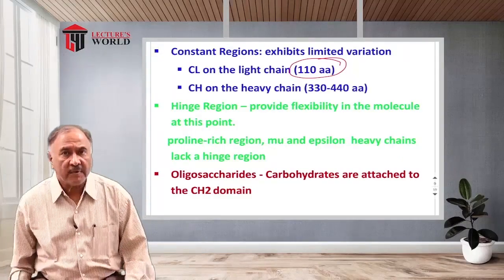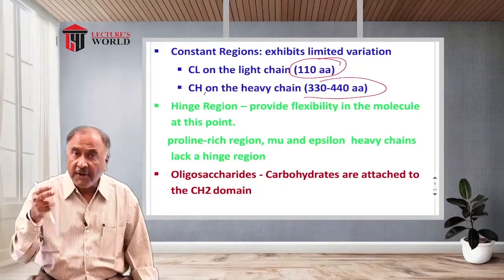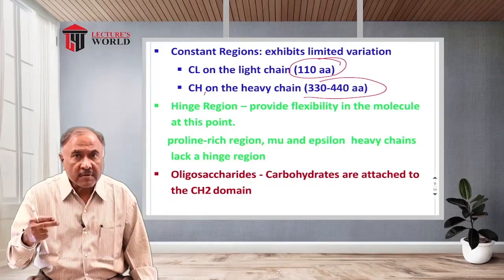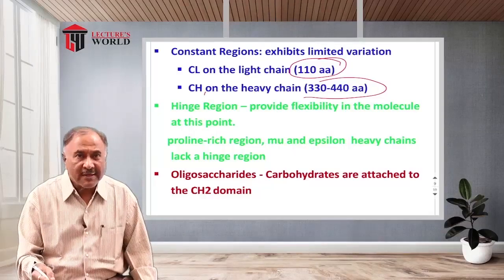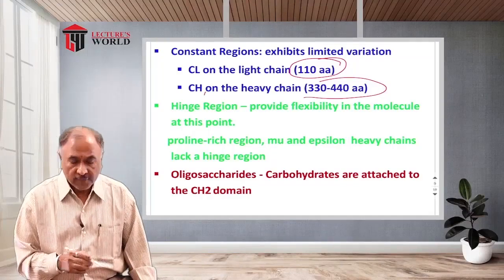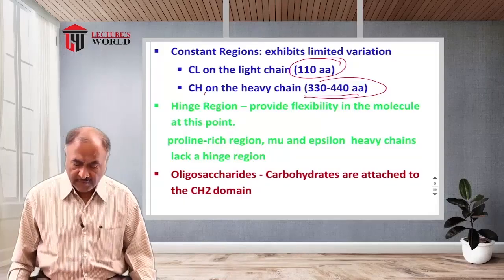Approximately 110 amino acids. While in case of heavy chain, because there are three regions, constant heavy 1, constant heavy 2, constant heavy 3, it is approximately thrice the light chain. So it is 330 to 440 amino acids.